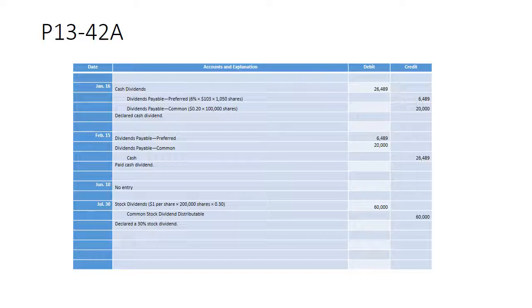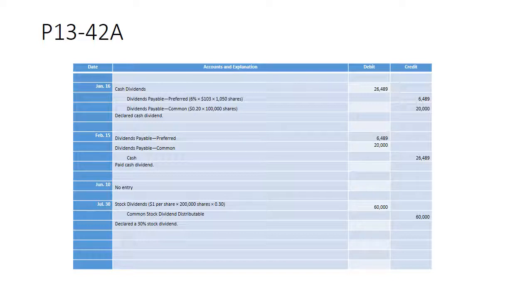So 1,050 shares times the par value, remember you use par value, times the dividend percentage, which is 6%. So the amount of the dividend for the preferred stockholders is $6,489.